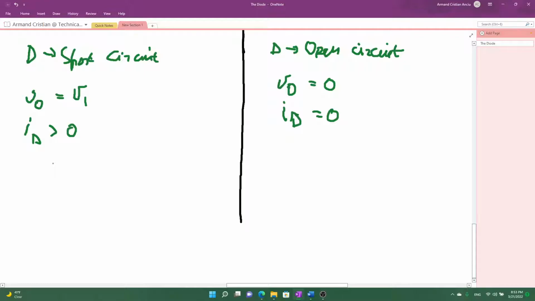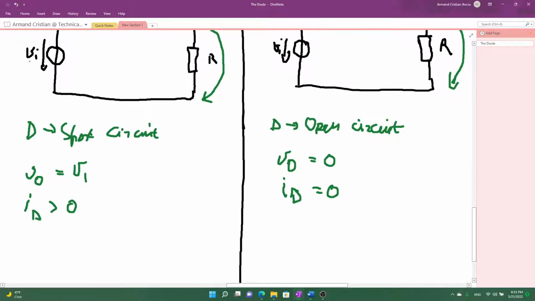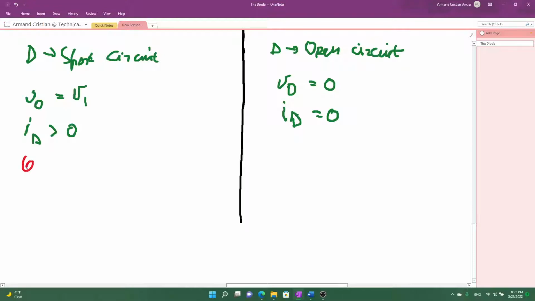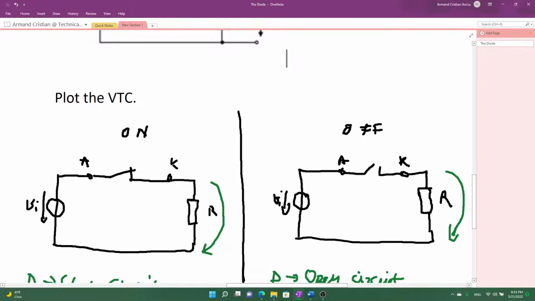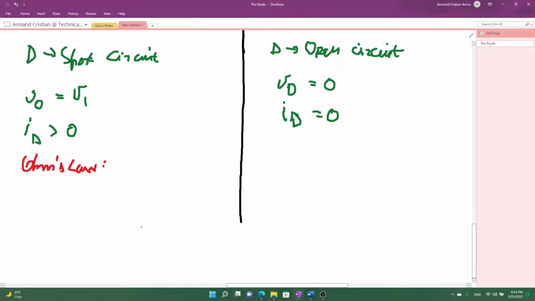For the on state, the current that flows through the Vi, the voltage source, and the resistor has the following value. And this relation is basically given by Ohm's law, which in case for the resistor states that VR is equal to the current through the circuit multiplied with the value of the resistor. And thus we can obtain the following relation.